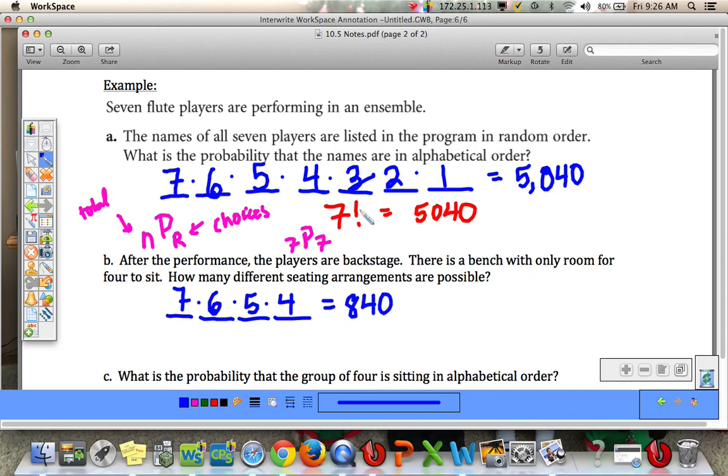We can't use the factorial button for this one because we're not going all the way down to 1. But we can use this permutation thing here, the NPR. And so if I type that in my calculator, it'll give us parentheses, and N is the total number, 7. But now, instead of choosing all 7 people, we are only choosing 4 people to sit in those 4 spots. So 7, 4. So in our calculator, here's what it looks like.